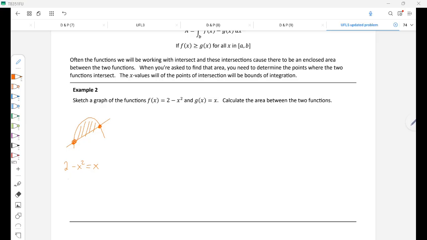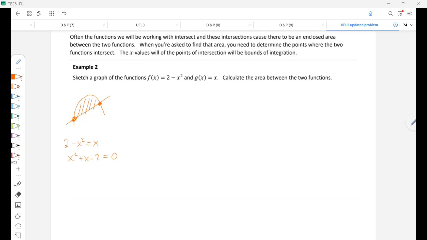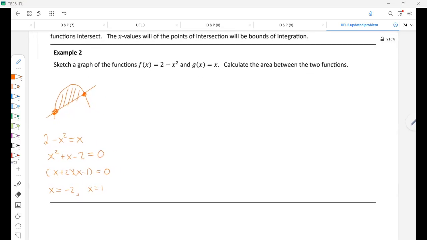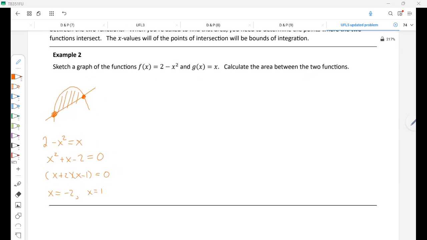Bringing everything to the right gives us x squared plus x minus 2, which factors as (x plus 2)(x minus 1), which gives an x value of negative 2 and positive 1. So I know that this lower point has an x value of negative 2. This upper point has an x value of positive 1.